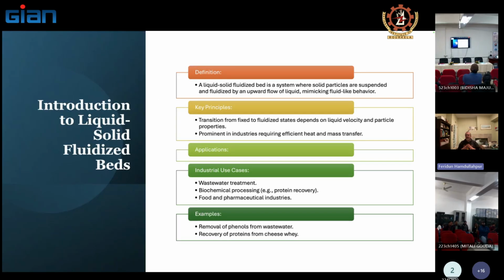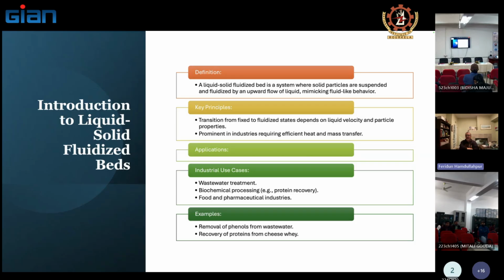Basically, in this case, again, for it to be called a fluidized bed, the solid particles must be suspended in an environment where it will create a fluid-like behavior and it will obey all the hydrostatic laws that are present in that environment.